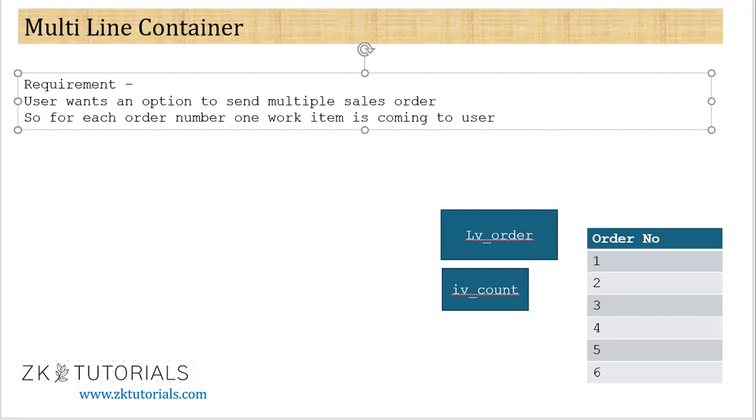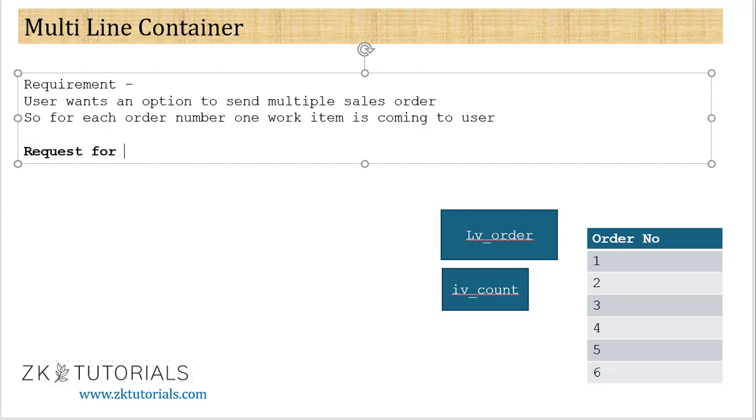We need to do this using multiple lines of items, and for each line item it should send one work item to the user for approval of the sales orders. So, in bold, request for sales order approval. This is the requirement, guys, that we are going to create.